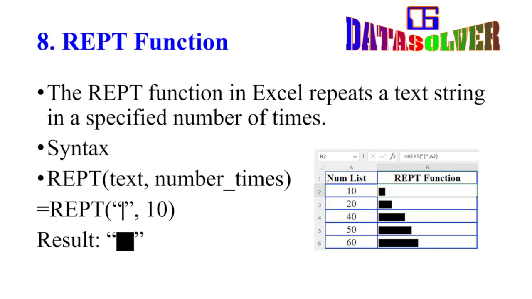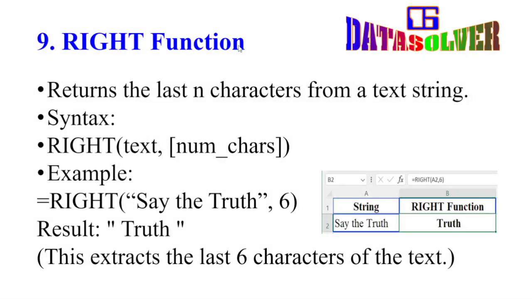So the next function is the RIGHT function. The RIGHT function returns the last n characters from a text string, and the sample shows that in A2 we have the string "the truth", and in our formula in B2 we have =RIGHT(A2,6).